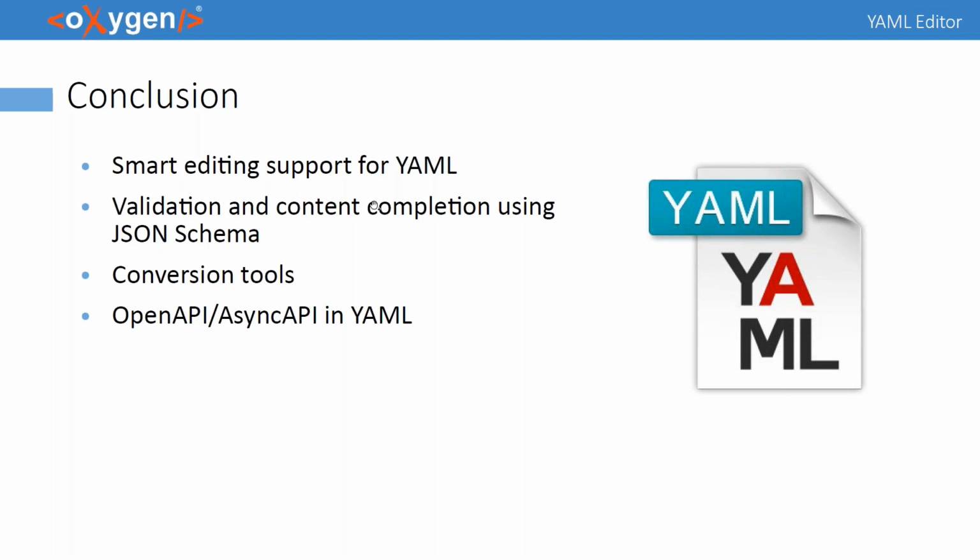You can use the OpenAPI and AsyncAPI in YAML, and the editor allows you to easily see, when you are editing, the indentation of your documents, and helps you to create valid documents.